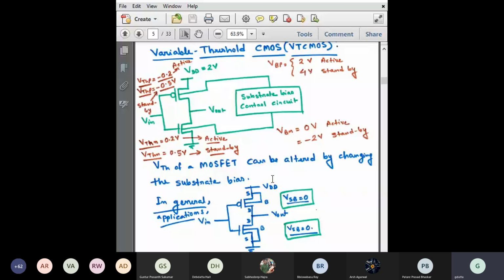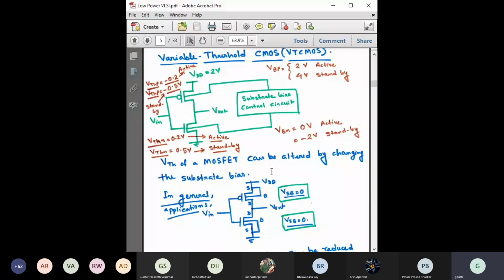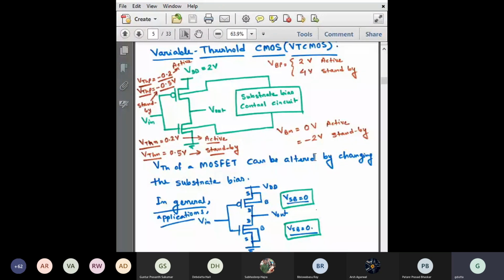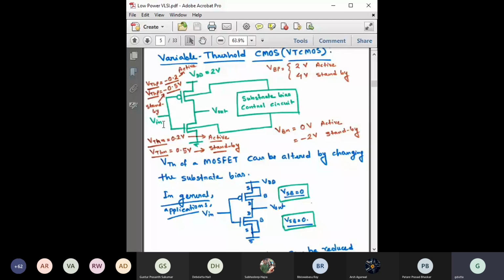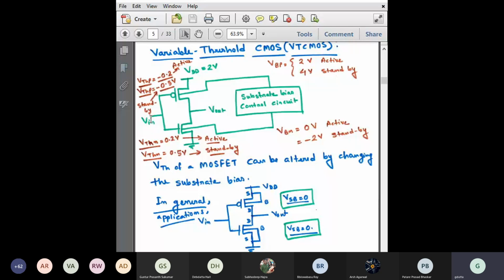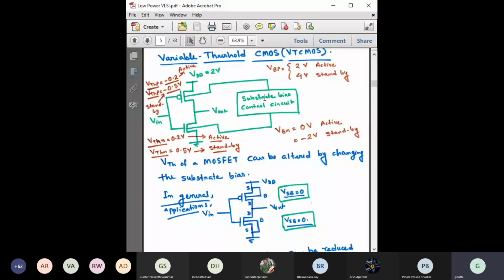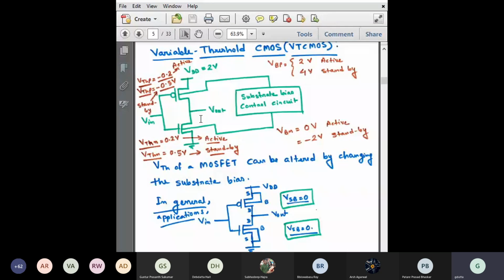However, in standby mode, which means when the device is not operating, means input is not switching, the input is not changing. So if there is no input change, output should not change. So if there is no input change, then it will be detected by this circuitry, and it will change the voltage to both this body as well as this body.